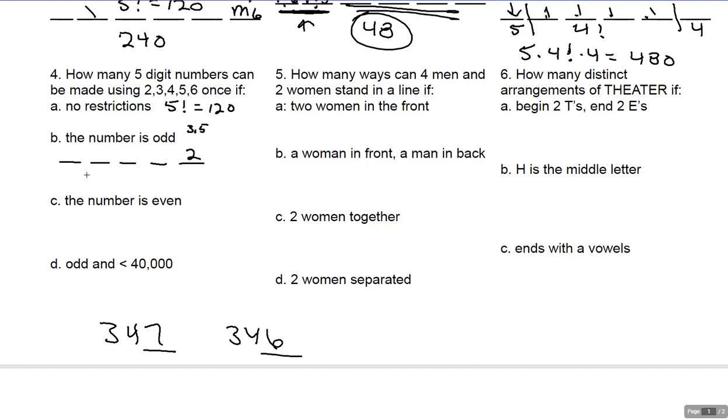Now, the rest of the numbers can be put in any other way I want, right? And they're all unique. So that's going to be arranged in 4 factorial ways. What's 4 factorial times 2? 48. That's how many ways I can make an odd number out of this. Now, what about this? What if the number is even?